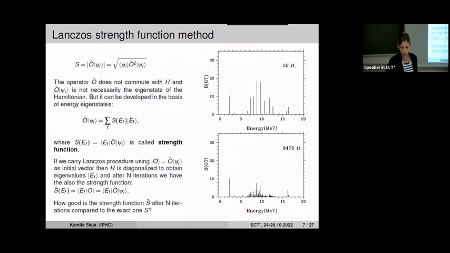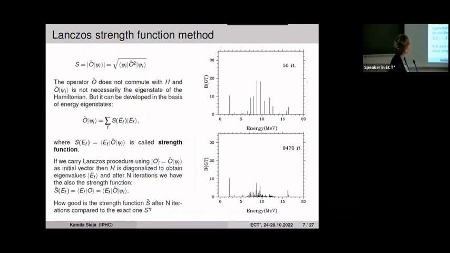So a few words on how I calculate the distributions, because the advantage of calculating the photoabsorption in the shell model is that it can be done in a computationally cheap manner with the so-called Lanczos strength function method. What we do is, in fact, apply the operator of interest on the initial state of interest, which can be the ground state, but as well an excited state.